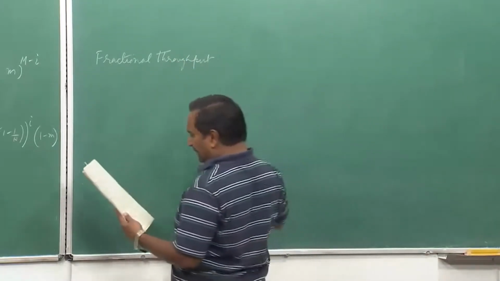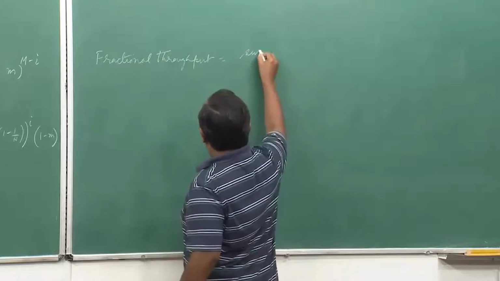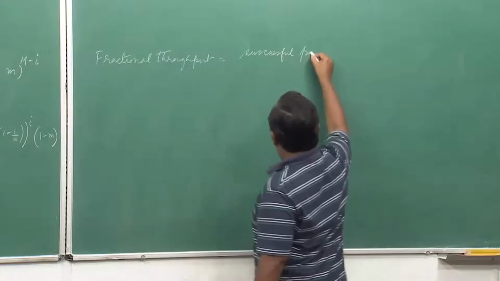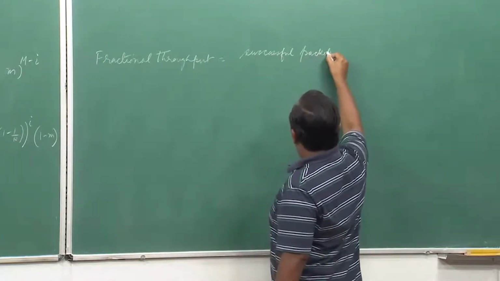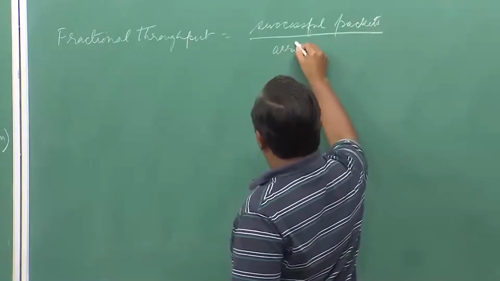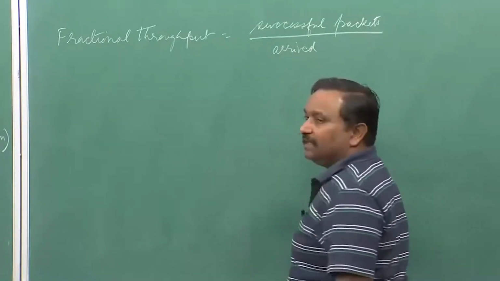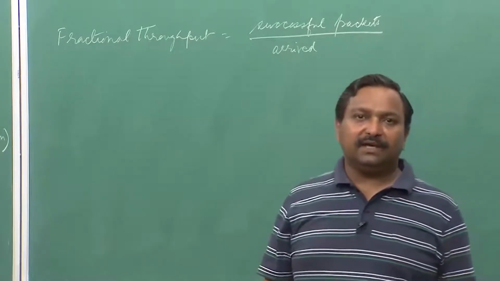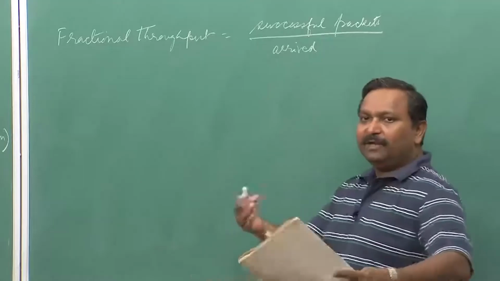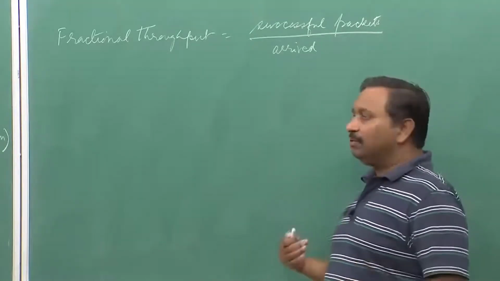This now can be estimated as successful packets divided by total arrived packets at the input. Remember, the packets which are not in contention, which are not successful, are being dropped out. Okay. So, that is why only a fraction of the incoming number of packets is going out, that is the fractional throughput.